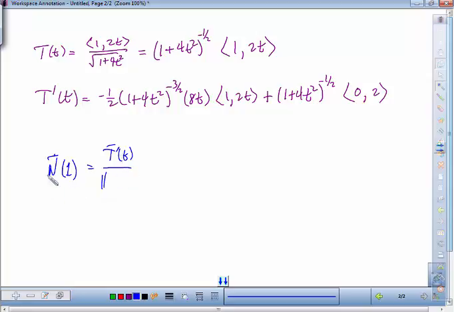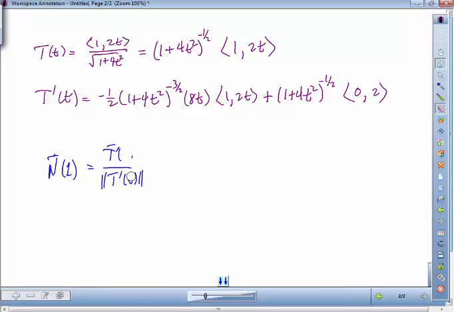So the normal, remember, the unit normal is equal to the derivative of the unit tangent divided by the magnitude of the derivative of the unit tangent. And so here we have the unit tangent. We want it evaluated at 1. Sorry, I need to change this into 1.